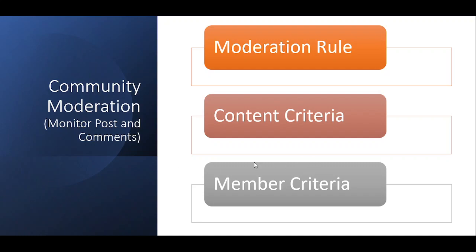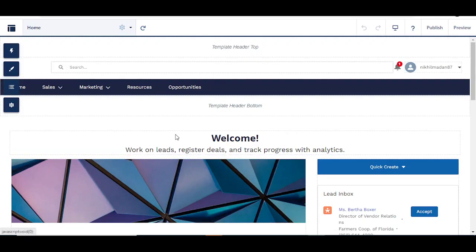Now I'll take you to a demo where I will show you how we configure these three settings and how this works. So I already have this digital experience site opened up in the builder mode.